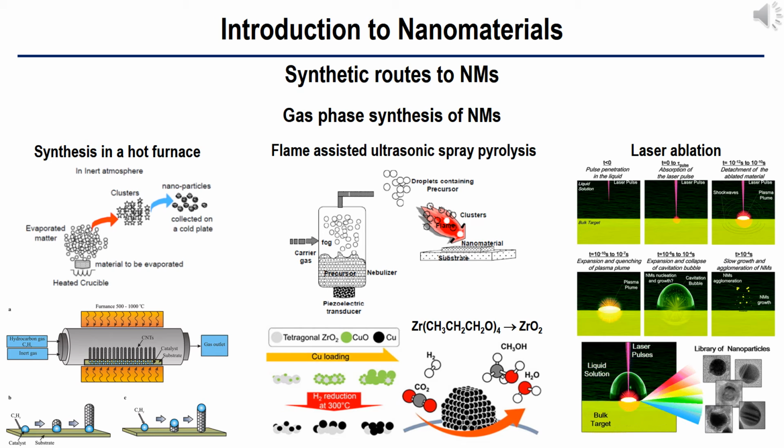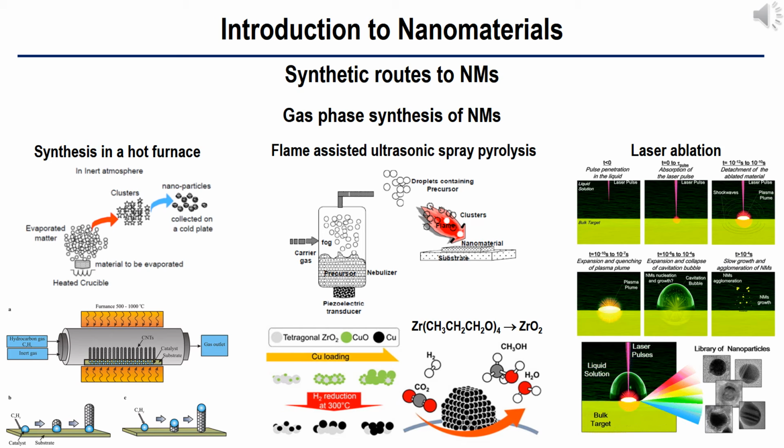The cluster size and its distribution are controlled by only three parameters: the rate of evaporation, the rate of condensation, and the rate of gas flow. Because of its inherent simplicity, it is possible to scale up this process from laboratory to industrial scales.